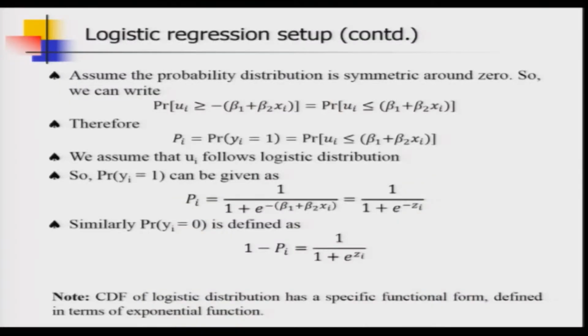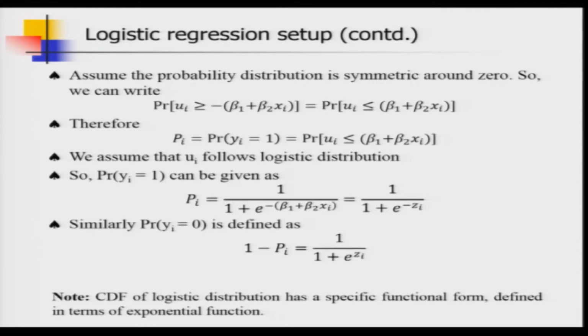Now, of course, this probability will come from some probability distribution, and we have flexibility to choose any probability distribution. Last time, if you remember, we said that in the case of probit we chose the normal distribution. Here we are going to choose another distribution, and that will lead us to the logit model. We have to make an assumption that the probability distribution is symmetric around 0.